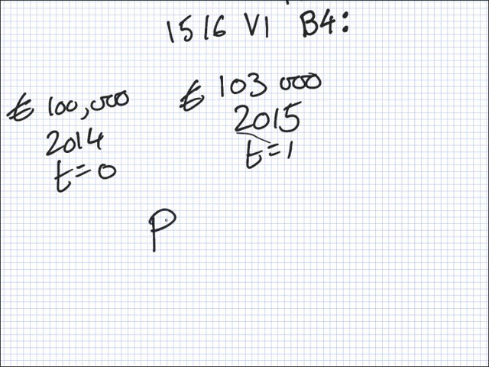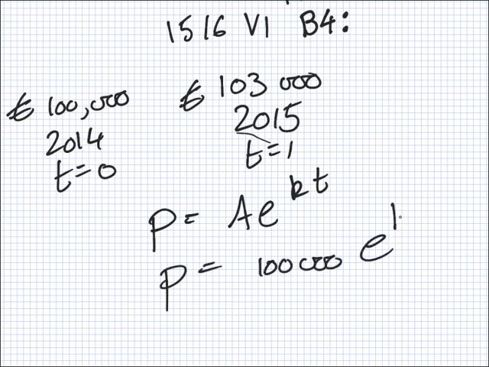Okay. P equals A e to the kt, and we have to figure out the A and the k. Now, I hope that you can see what the A is easily. 100,000. And how can we figure out the k? Well, we have to sub in the second point.